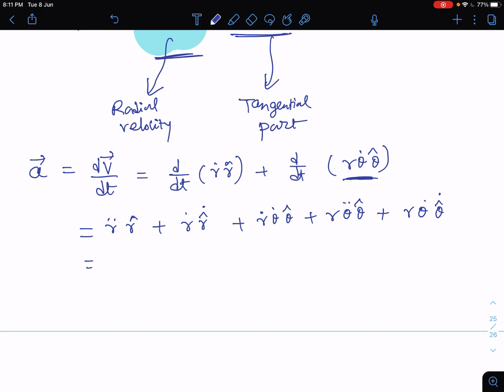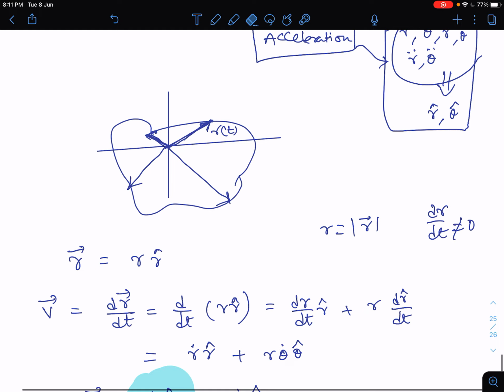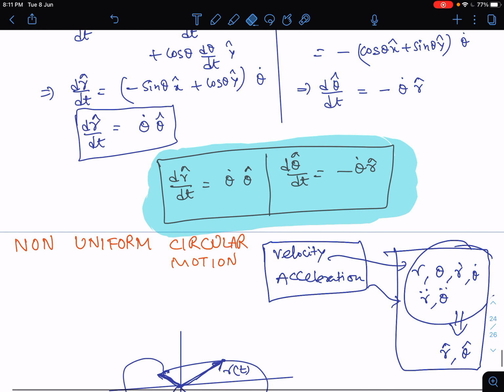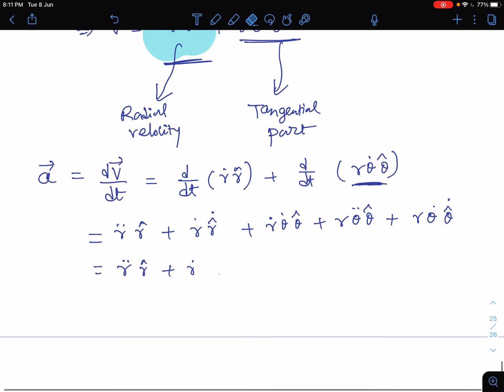So that is r double dot r cap plus r dot, what is r cap dot? It is dr cap/dt, that is theta dot theta cap.